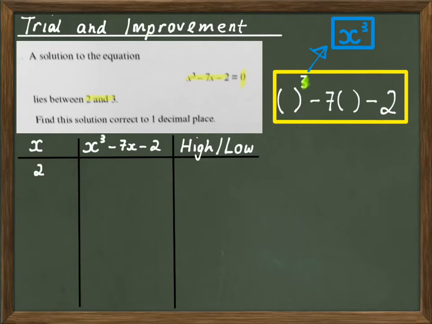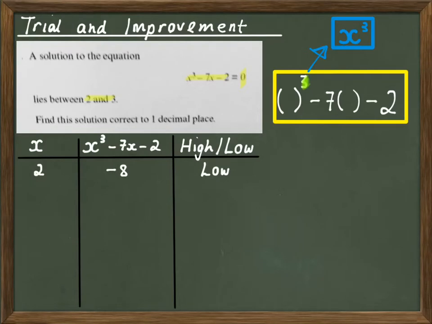So you should have now something on your calculator which reads open brackets 2, close brackets, cube sign, minus 7, open brackets 2, close brackets, minus 2. Press the equals button, and you should get minus 8. Now we want the answer to equal 0, it says at the end of the equation. Minus 8 is obviously less than 0, is too low. So I'm just going to write in there low.